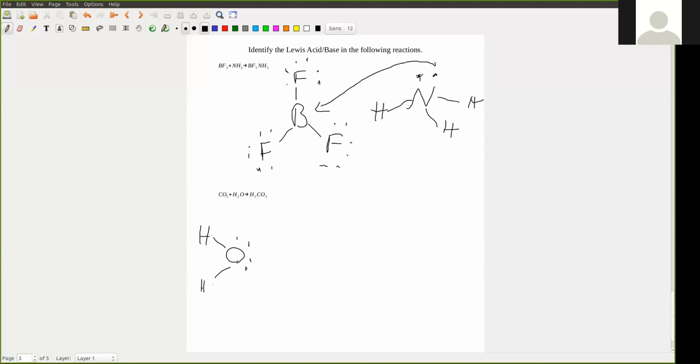And it's going to react with carbon dioxide, which, again, if you draw the Lewis structure for carbon dioxide, you get this. Now, this one's a little different. They all have a complete octet, so it's just a matter of looking at how this reaction would work readily. The result is carbonic acid, so let's see what you would typically do.